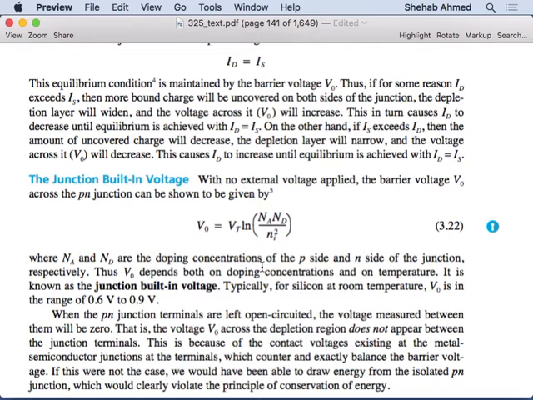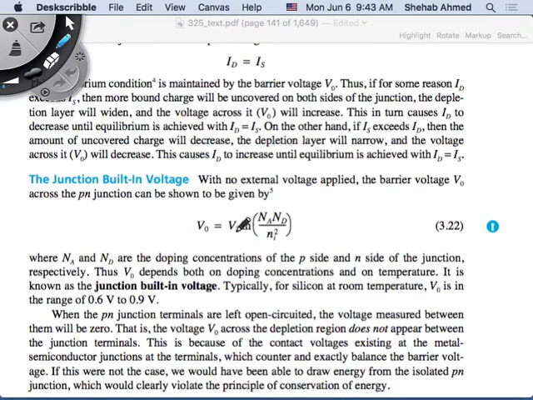It's a constant that depends on temperature, because if the carriers are drifting, it's because they are minority carriers and they are drifting due to the electric field, right? So it depends on temperature, and we will write its equation later in the text. We just talked about it as a constant before. But it depends on temperature, and it will have a value that's typically around 25 millivolts.